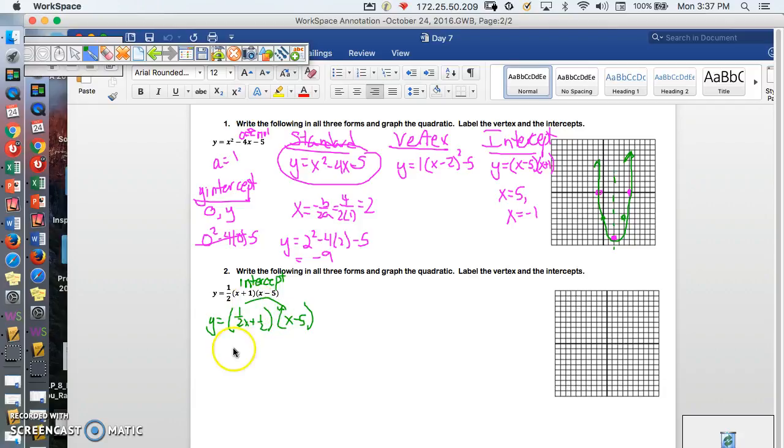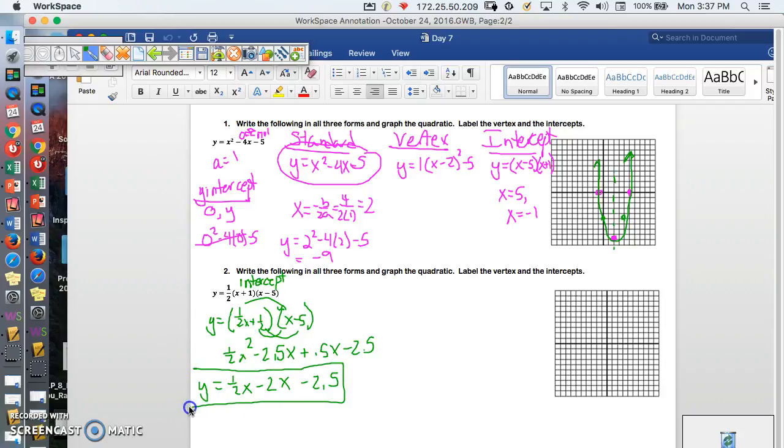We do some distributing here: 1/2 x squared minus 2.5x plus 0.5x minus 2.5. So y equals 1/2 x squared minus 2x minus 2.5. So here's our standard form.